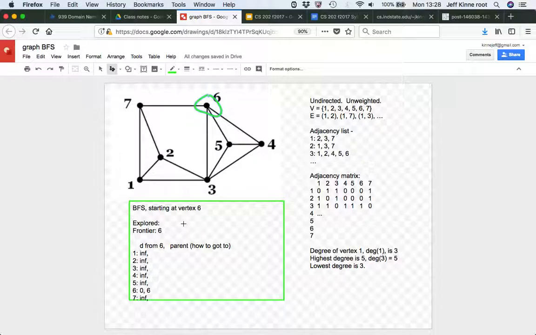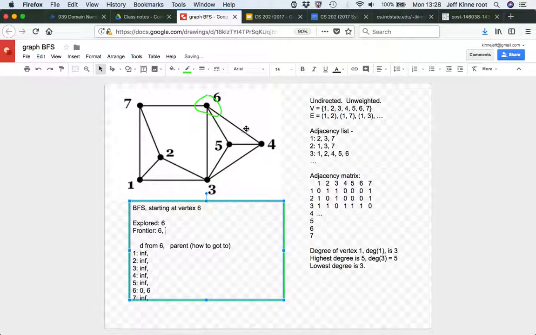That means it's going to be in the explored. We've already done 6. And we put its neighbors on the frontier, and we put them in some order. I'll put them in increasing order from their number. So 3, 4, 5, and 7. And 6 comes off. Okay, then we're done with 6.